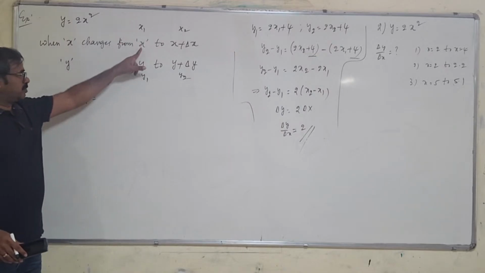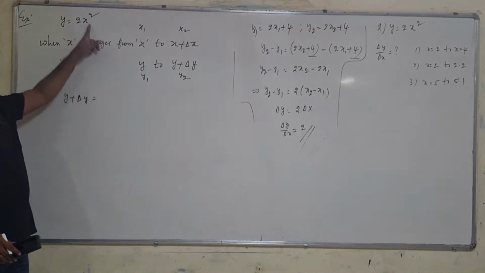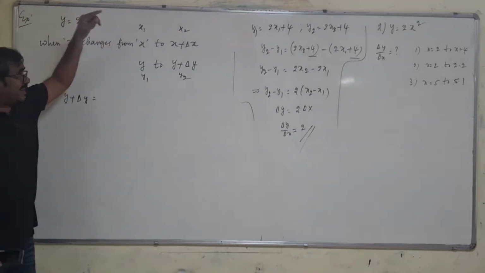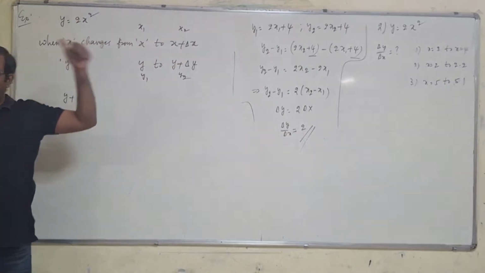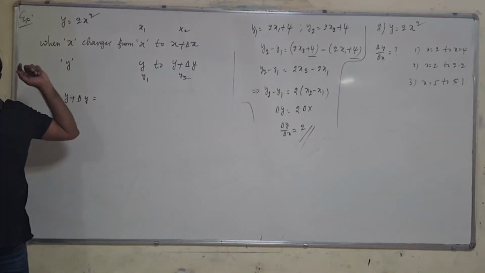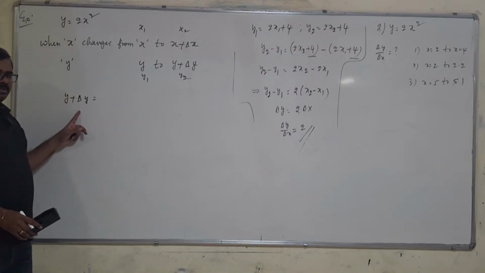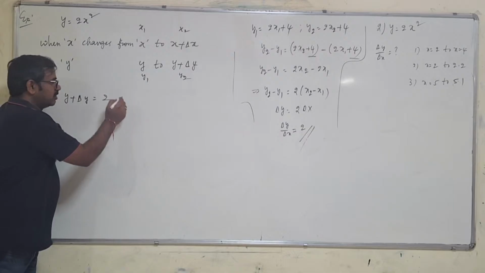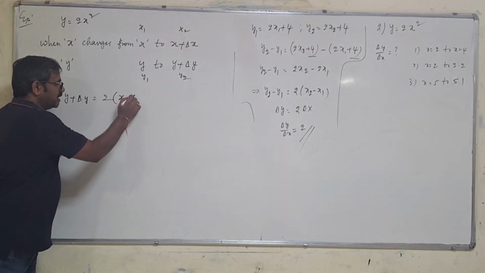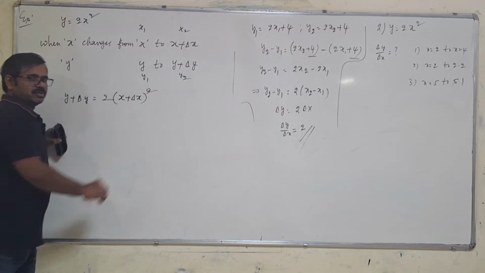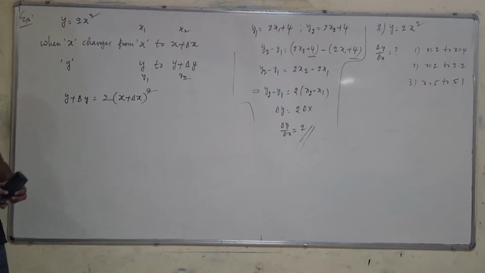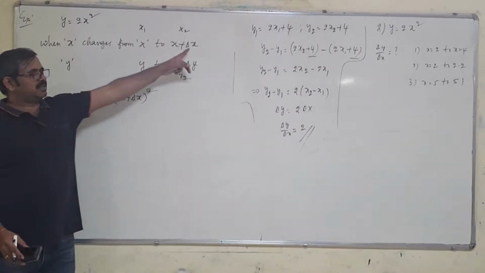If you substitute x, you get y is equal to 2x square. Now at x plus delta x, what is the value of y? Y plus delta y is equal to, what should I write here on the right hand side? 2 into x plus delta x whole square. You understand this?